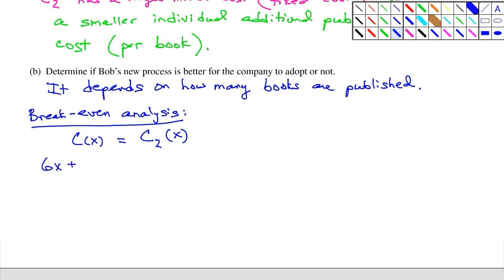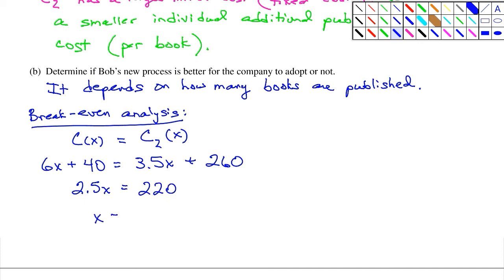So we get 6x plus 40 is equal to 3.5x plus 260. Solve for x, we get 2.5x is equal to 220, and x is equal to 88 books. So there's where it breaks. Okay, so that's good. We know where it breaks. Now the question would be, which one is better on which side of 88?